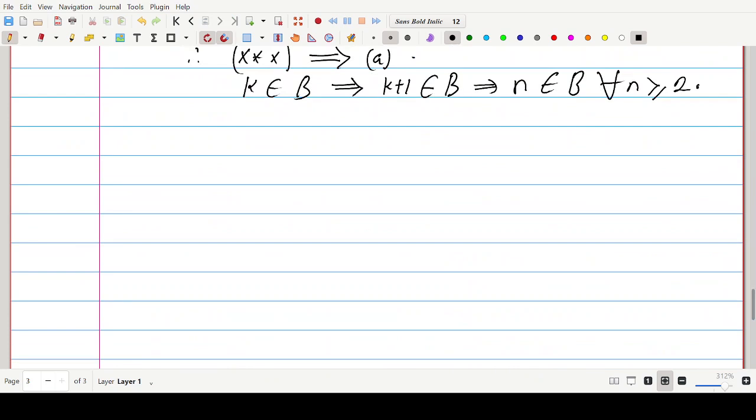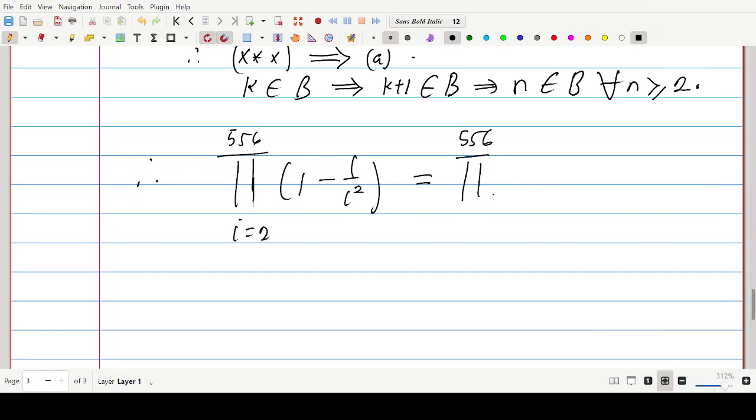Therefore, the product ranging from i equals 2 to 556 of 1 minus 1 over i squared can be written as the product from i equals 2 to 556 of 1 minus 1 over i multiplied by 1 plus 1 over i.